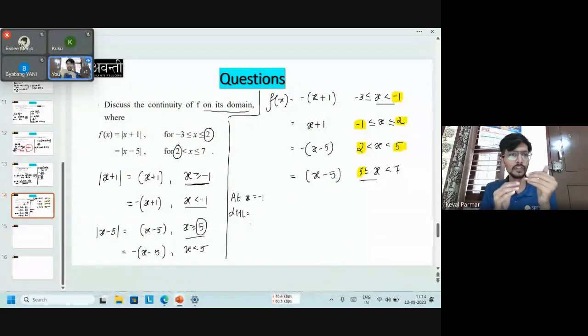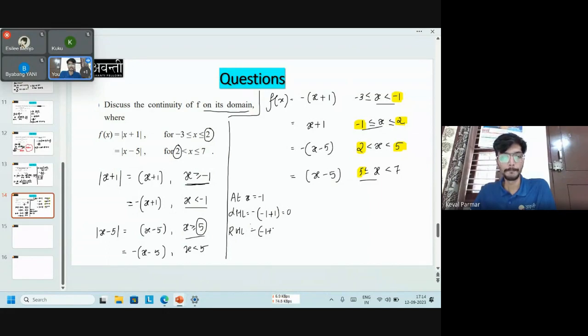So if it is not an indeterminate form, there is no need to use L'Hopital and all. So LHL will be equal to minus of minus 1 plus 1, which is 0. RHL means this definition will be used, which is minus 1 plus 1, which is equal to 0.